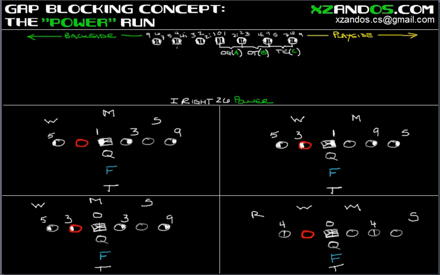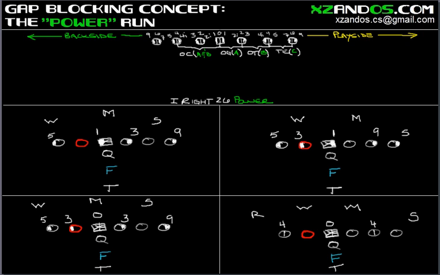He is going to block two gaps, from a 4 technique all the way back over to his 0 technique. That is the responsibility of the offensive center. I'll tell you why here in just a second, but he is responsible for the backside A and the backside B.